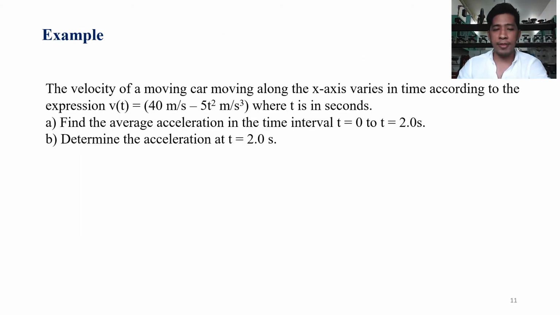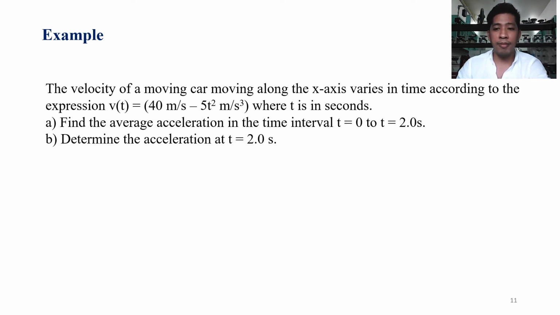Let's have an example. The velocity of a car moving along the x-axis varies in time according to the expression v of t is equal to 40 meters per second minus 5t squared meters per second cubed, where t is in seconds.